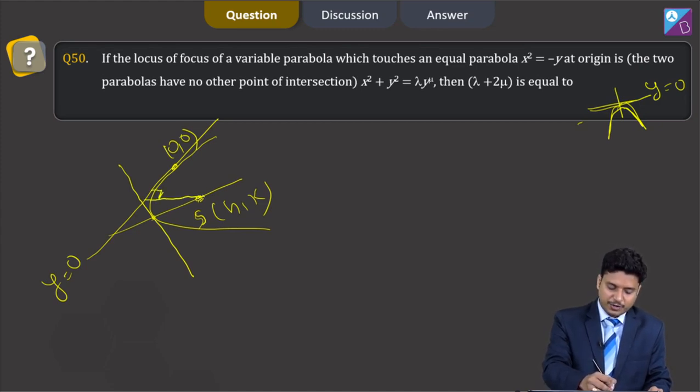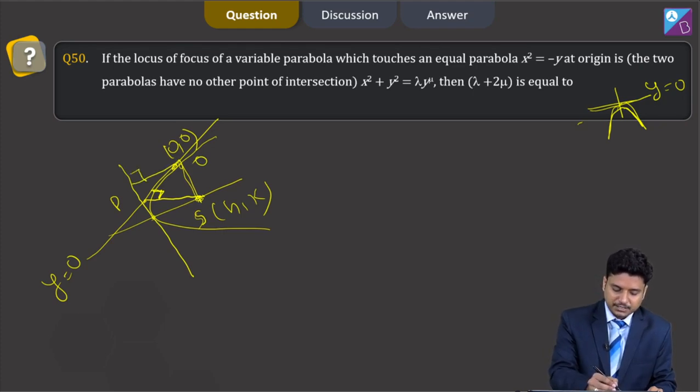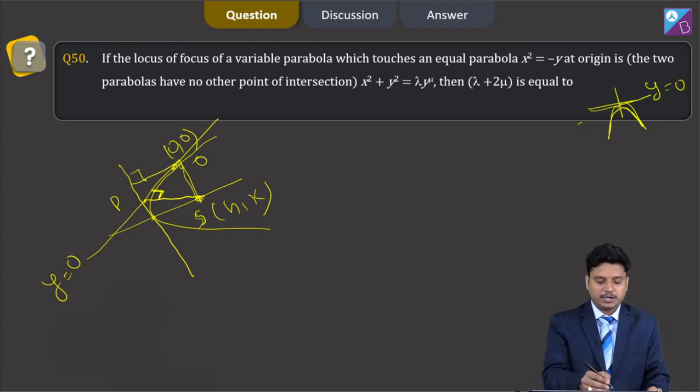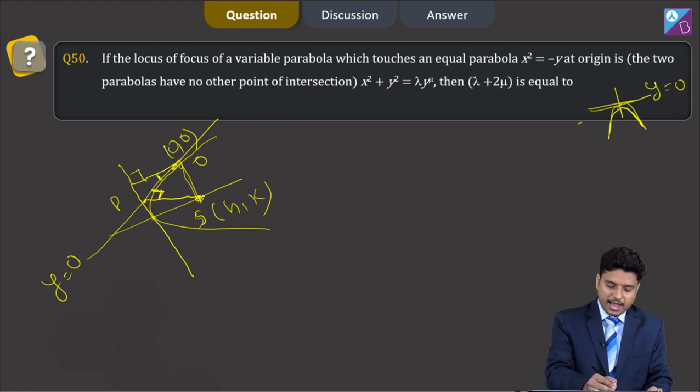So if we join this, this angle will be 90 degree, because from S we are actually putting a foot of perpendicular on this tangent y equal to 0. So from S I have drawn this, suppose this is your P, and as we also know about the reflection property, if we join P to 0 0, that is origin, that means this angle will be same as this one.